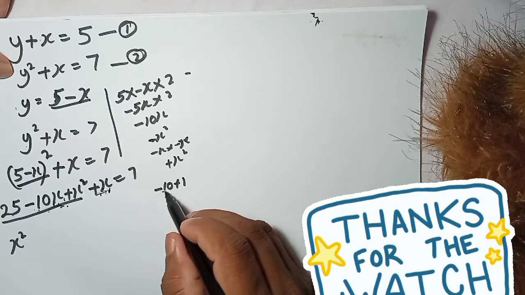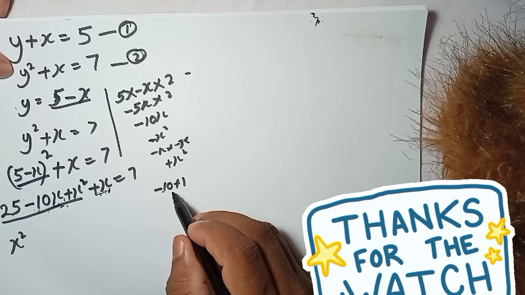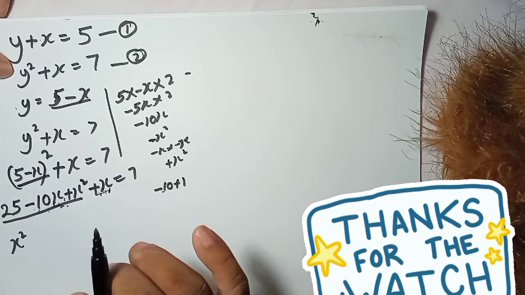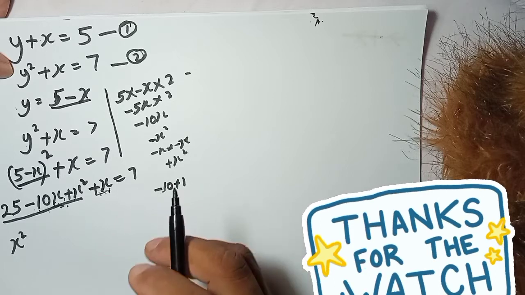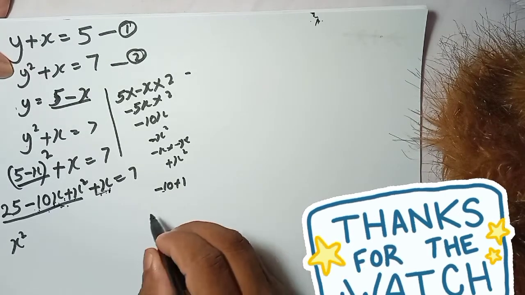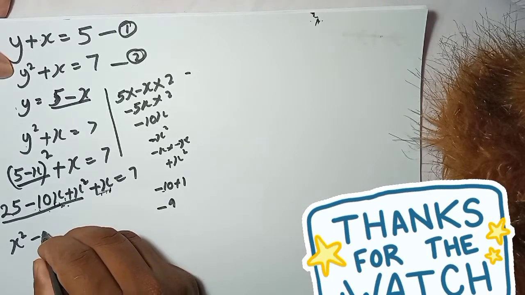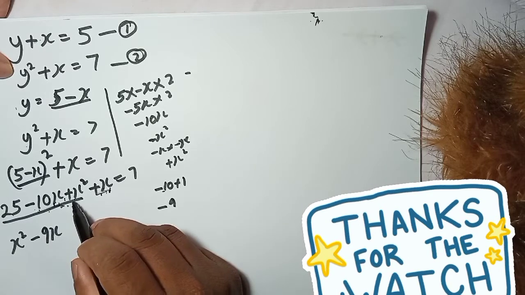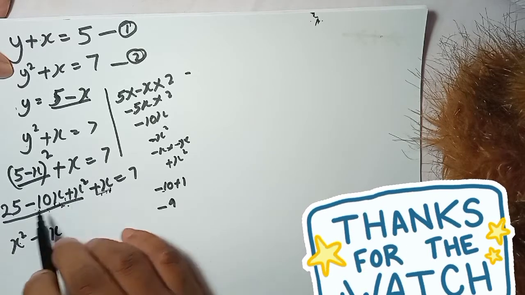We put different signs over here, not for multiplication or divide. When you have that type of situation, first of all check whether you should multiply or divide, and then if it is not to multiply or divide, check whether the signs are different, then put the bigger one's sign and get the difference. So here will be minus 9x, and then x square comes to here.